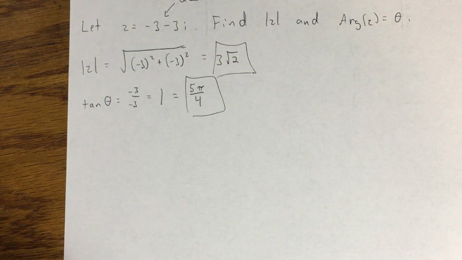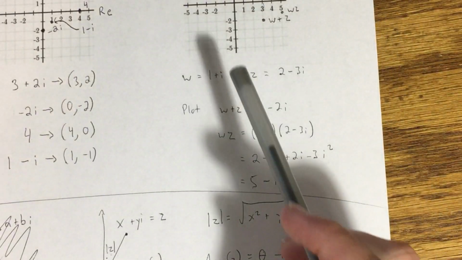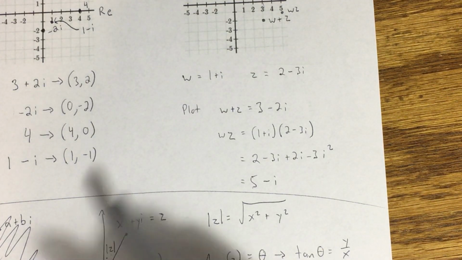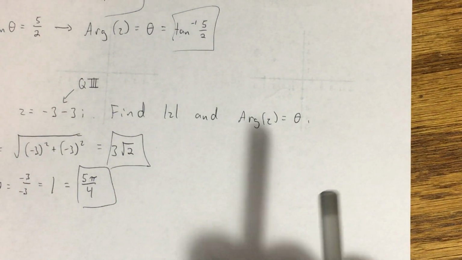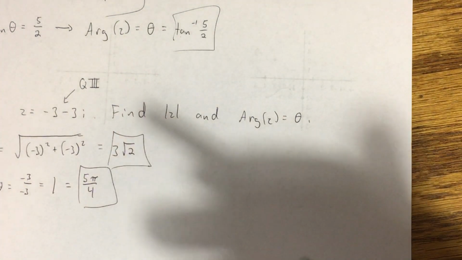That's essentially all you need in order to do the assignment. You're going to have a couple of problems at the end where you do something similar to what we did on this page. I give you 2 complex numbers, and you're working with the sum or the product of those complex numbers. In particular, you're actually working with the product.